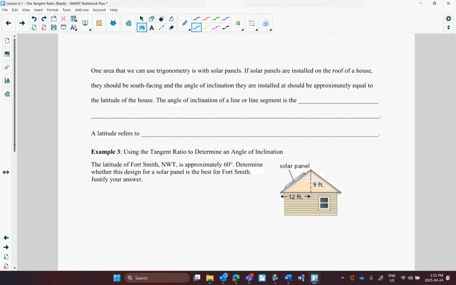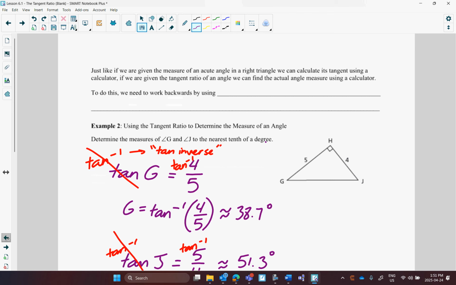So basically, if we're given the measure of an acute angle, we can calculate its tangent using the calculator. If we know the tangent ratio, we find the actual angle using the calculator by working backwards using tan inverse.